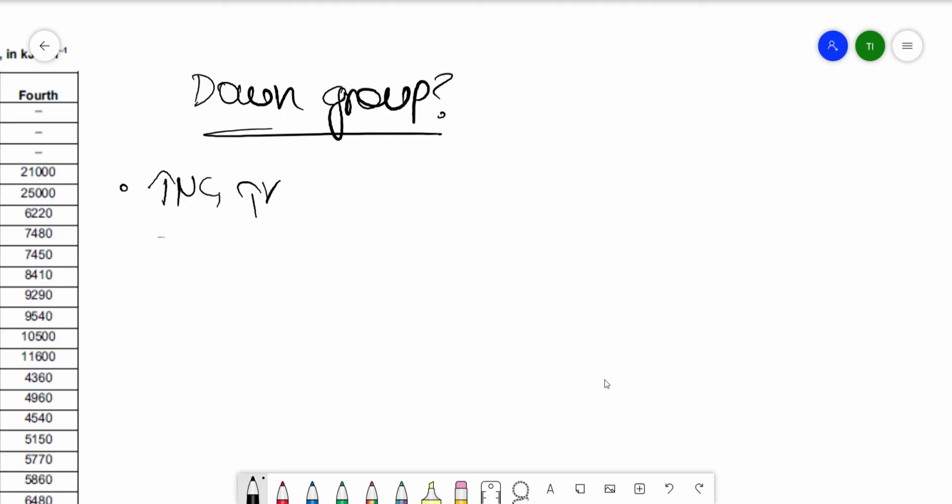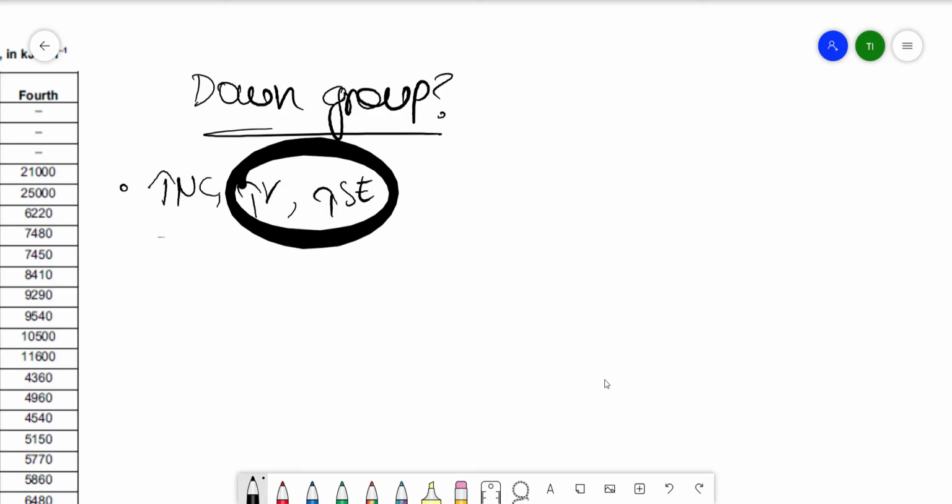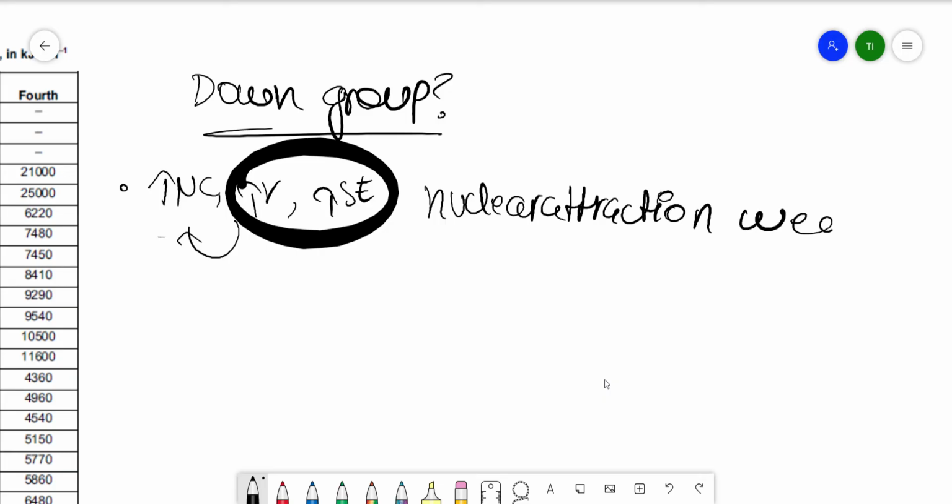And because the number of shells is increasing, there is an increase in shielding effect. The effect of these two outweighs the effect of the nuclear charge, and therefore nuclear attraction is weaker, therefore the ionization energy decreases down the group. I hope that makes sense.